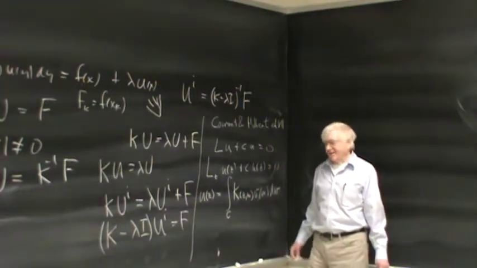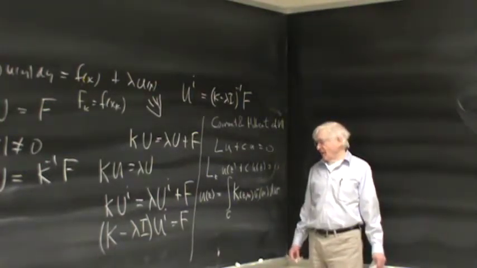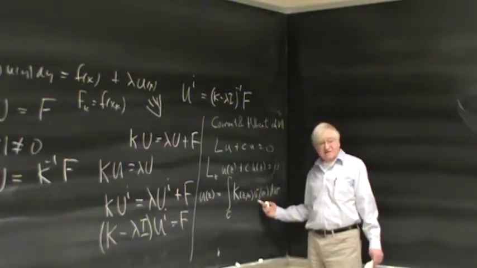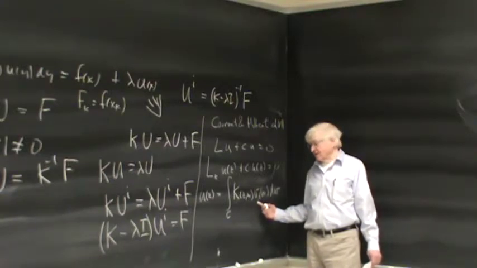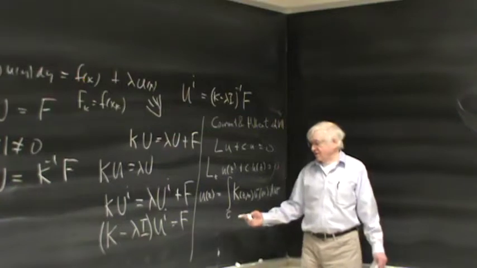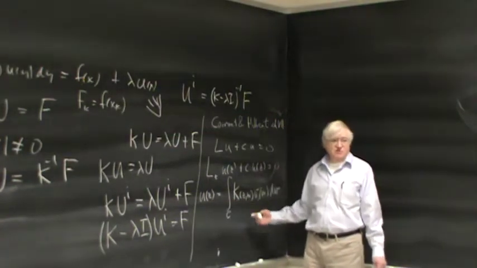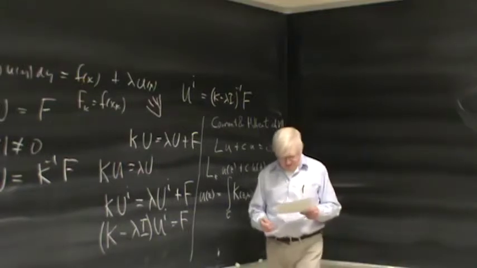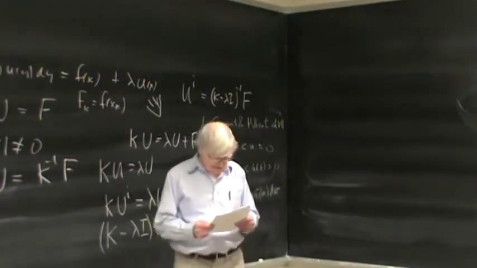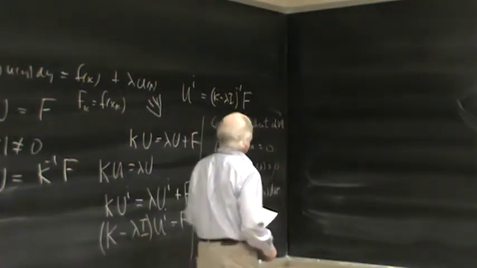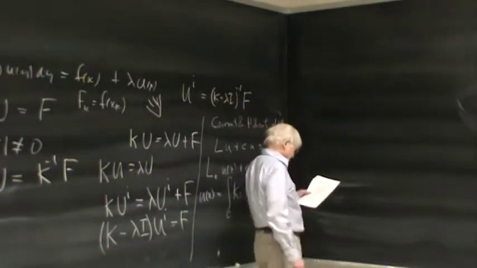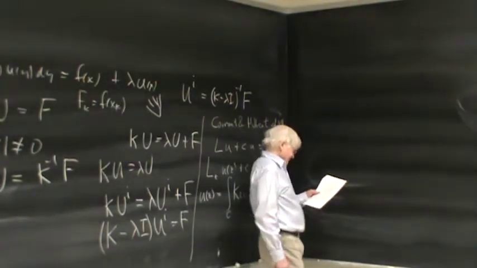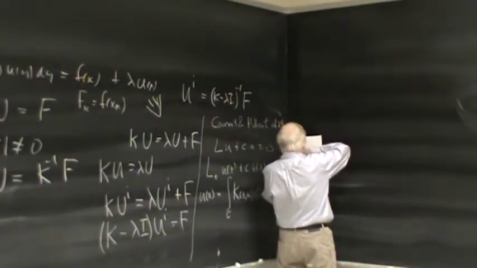So what you gain in finding V very easily, you lose in that your formula for U is a contour integral as opposed to a nice power series. All right, so let's see how this works.